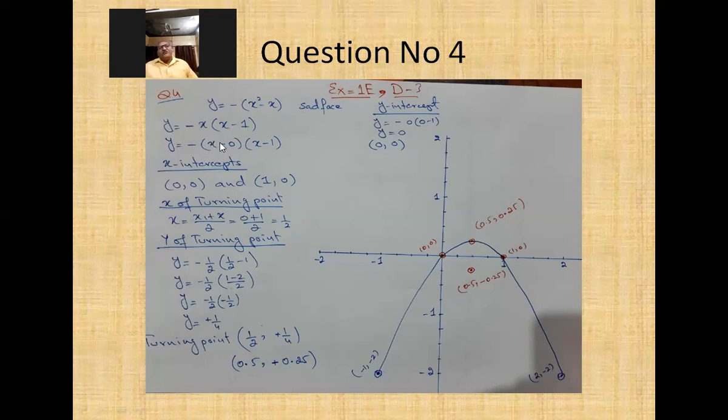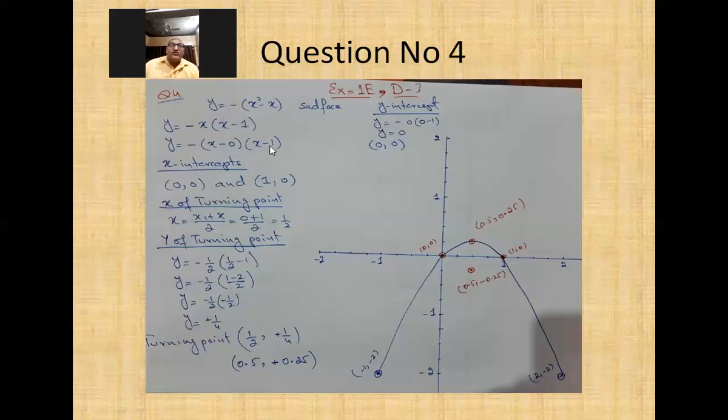So when you have this form, this outside negative means it's a sad face, and x minus 0, x minus 1, this form of the equation actually tells you the x-intercepts. So this number here tells you the x-intercepts. So the 0 will be 0, this is the x-intercept, so 0, 0.